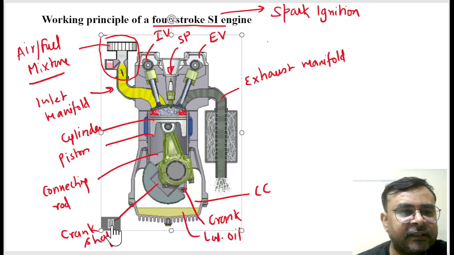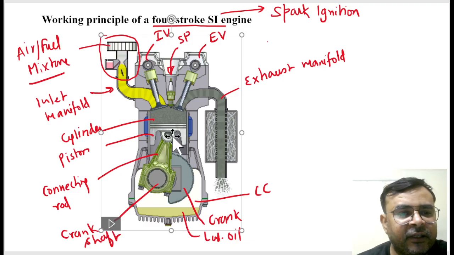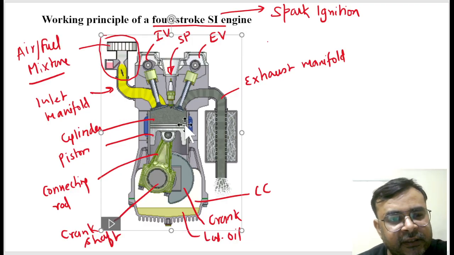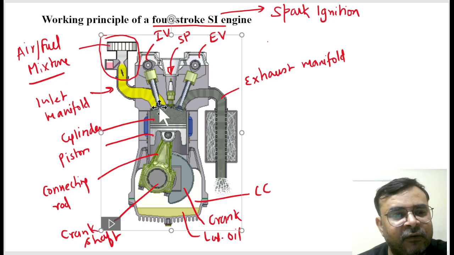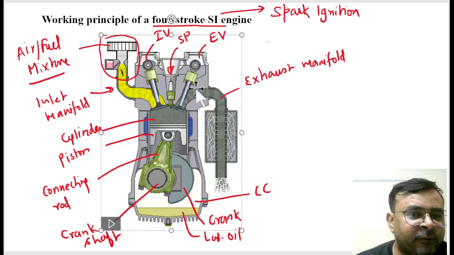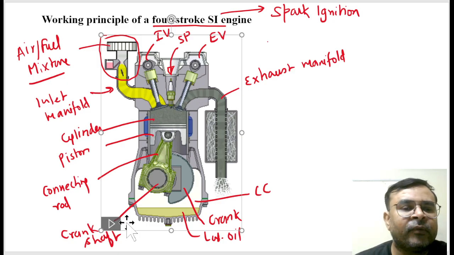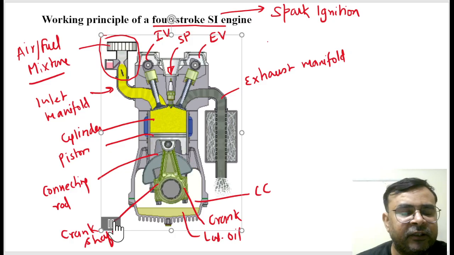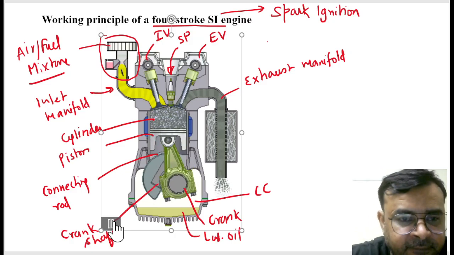And again you can see here that the exhaust valve is open and the inlet valve is closed, and now when your piston is moving again from BDC to TDC, whatever burnt gases we have inside move away through the exhaust manifold. You can see the entire process again.